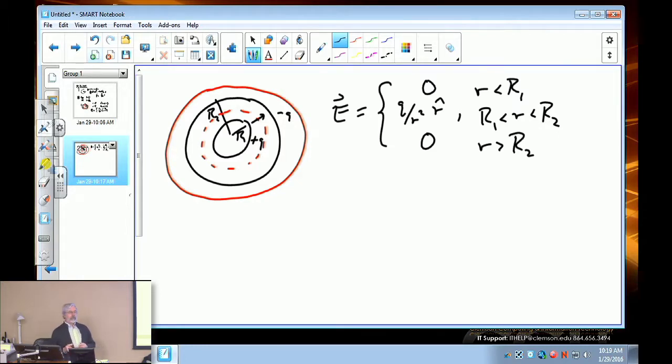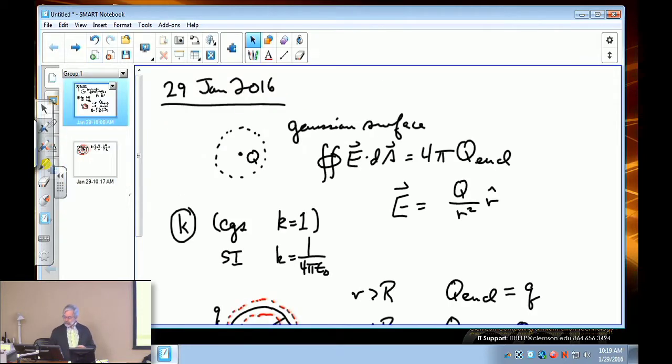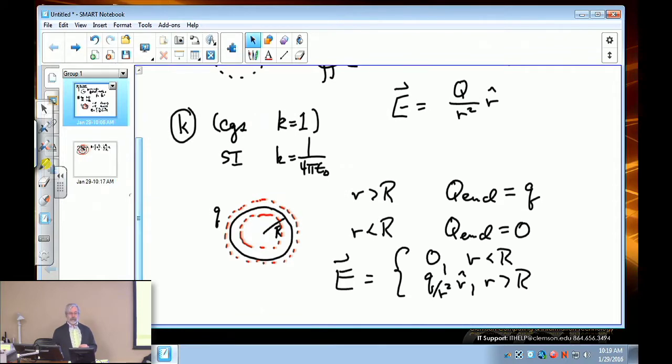Now you could construct the same thing by considering a superposition of the electric fields. We did the electric field by one sphere in the previous problem, this electric field only outside, and with a positively charged sphere, the electric field points radially outward. Well, if we had a negatively charged sphere, the electric field would be non-zero outside, but it would be pointing radially inward.